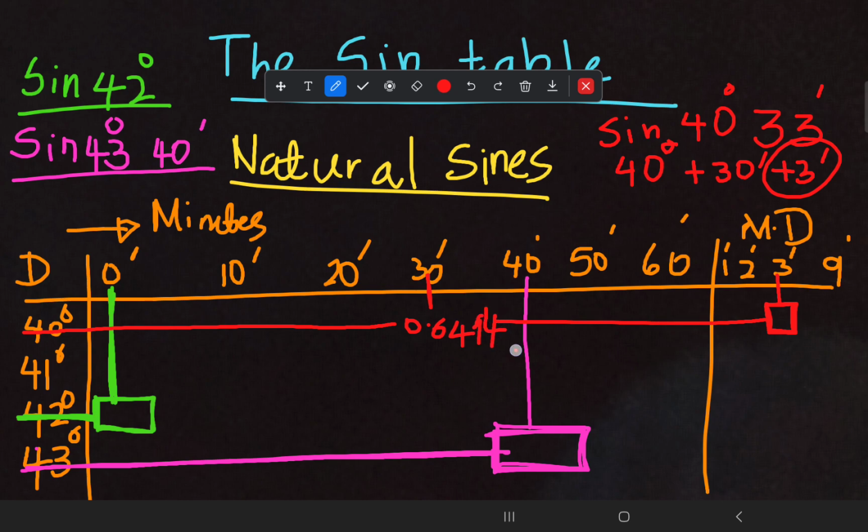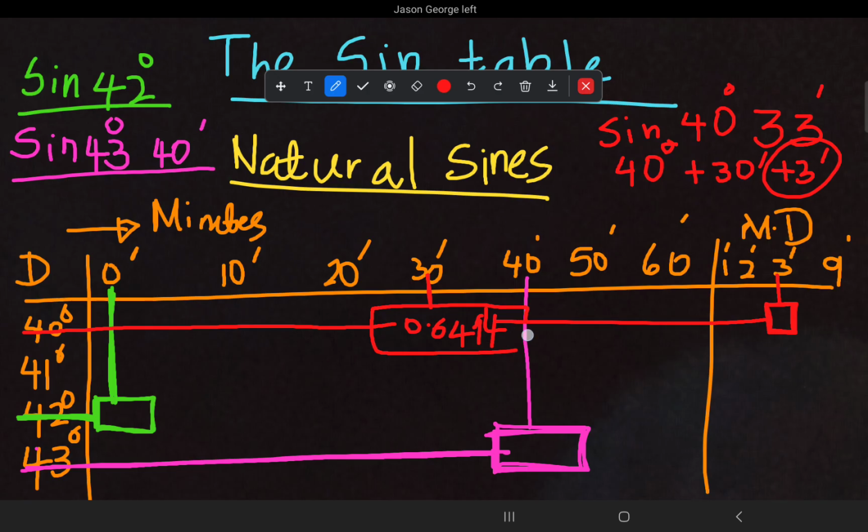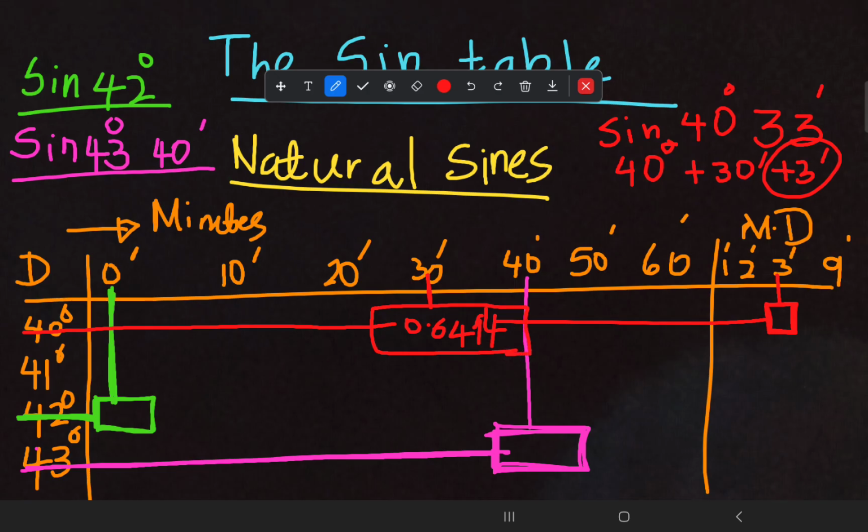This is our sine 40 degrees and 30 minutes measurement. With that, in the same row, you should look at your third mean difference. What is our third mean difference here? Under sine 40 degrees, which is indicated as 7.